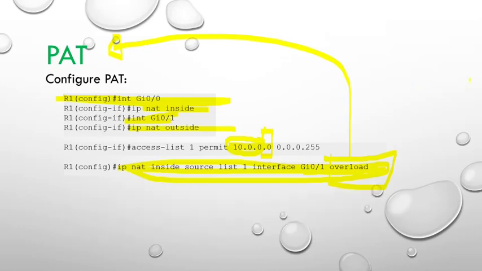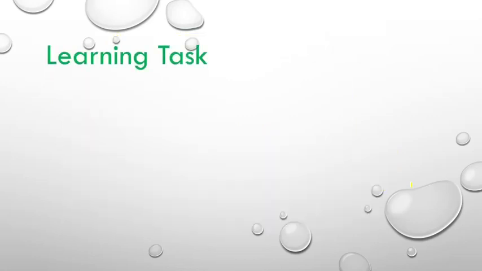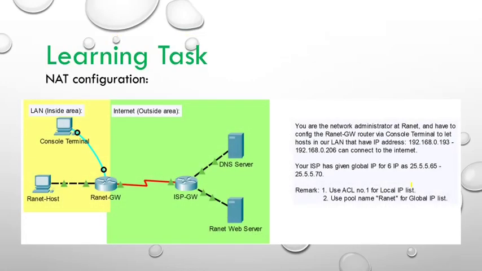Okay? So pag nag-show IP, show IP NAT translations, I should say. So these are again the result of our show request. So for the learning tasks, so sabi dito, very simple lang yung task ngayon.